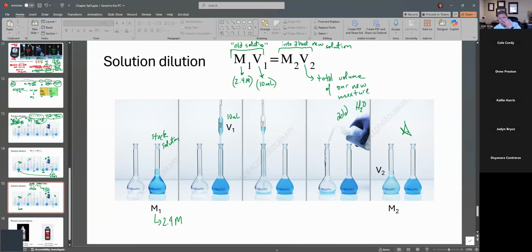You could say new solution or a new mixture. Could anyone tell me in the chat what is the volume of that new solution? And I want you to kind of narrow your focus and be looking right here. We got 10 mils from the old one, and then we added water. We added water to that nice little etched line. So our total volume is 100 milliliters.